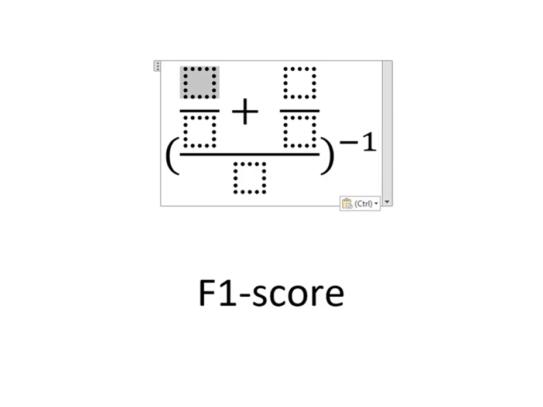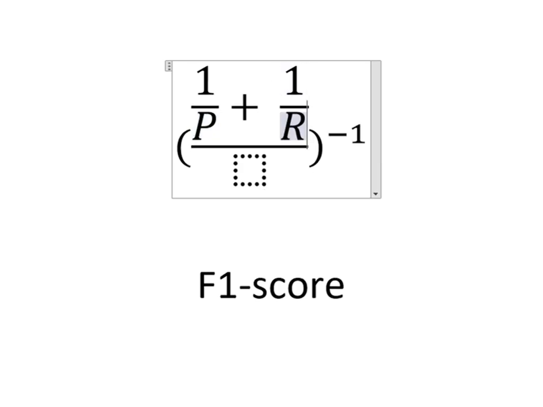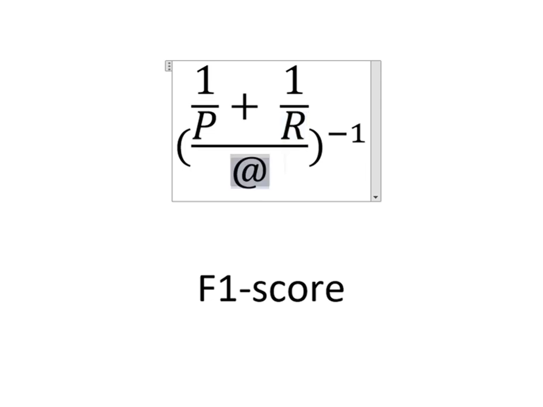Let's say P is precision and R is recall. Then the harmonic mean would be 1 divided by precision, 1 divided by recall, and since we're taking the mean, we divide it by 2 because there are only 2 components.